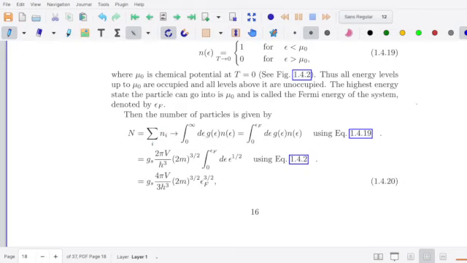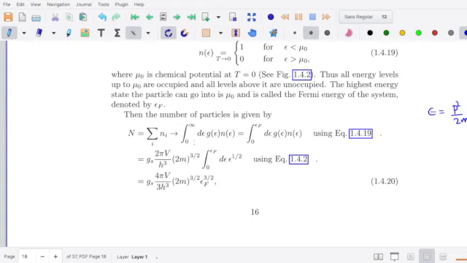Now since the dispersion here is epsilon equal to p squared by 2m, which takes values from a continuous range, from 0 to infinity as the magnitude of momentum changes from 0 to infinity, we can convert the sum into an integral over energy instead of over states.